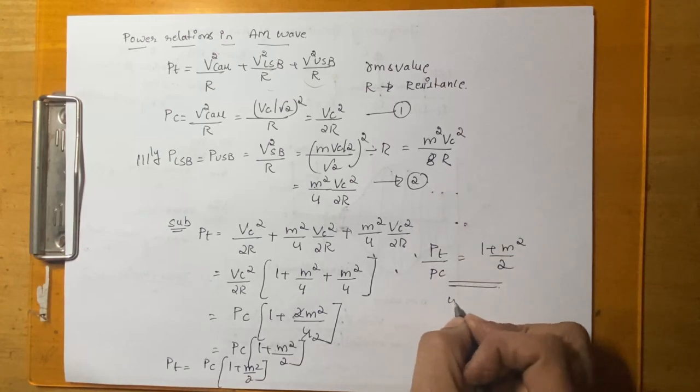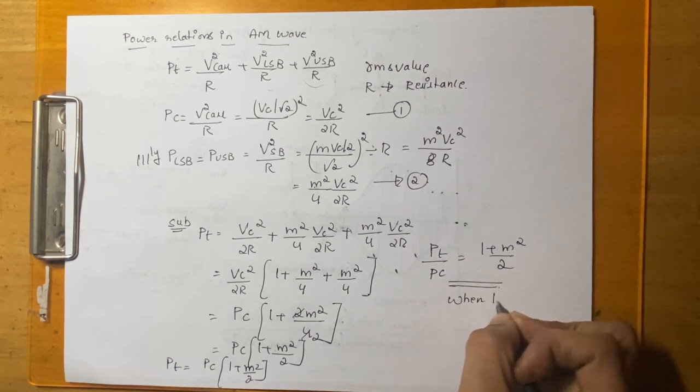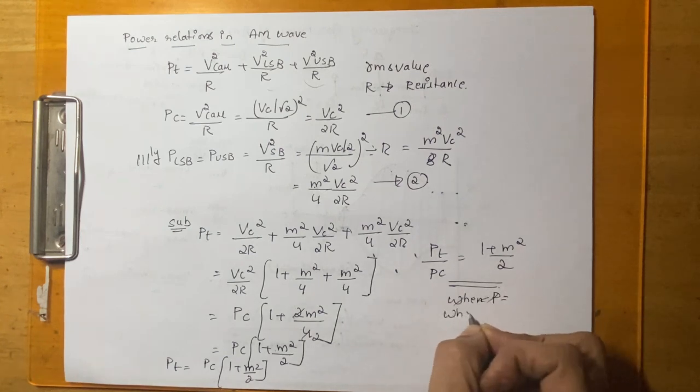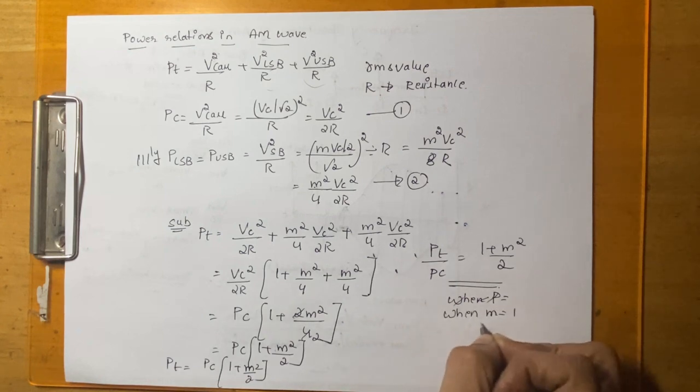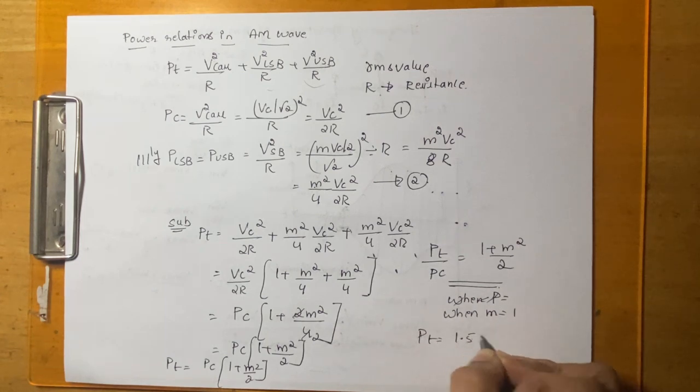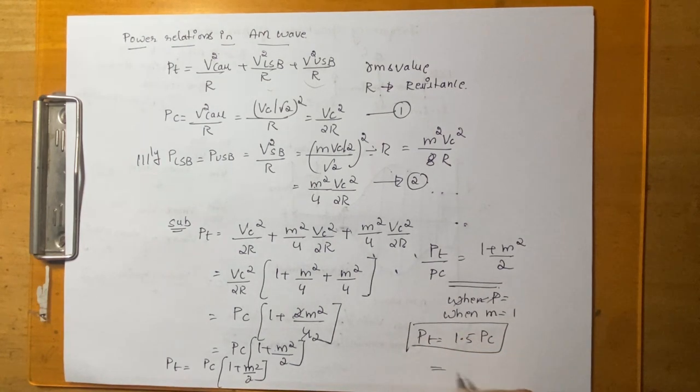That is, when M is equal to 1, there will be maximum power in an amplitude modulated wave, that is Pt is equal to 1.5 Pc. Thank you.